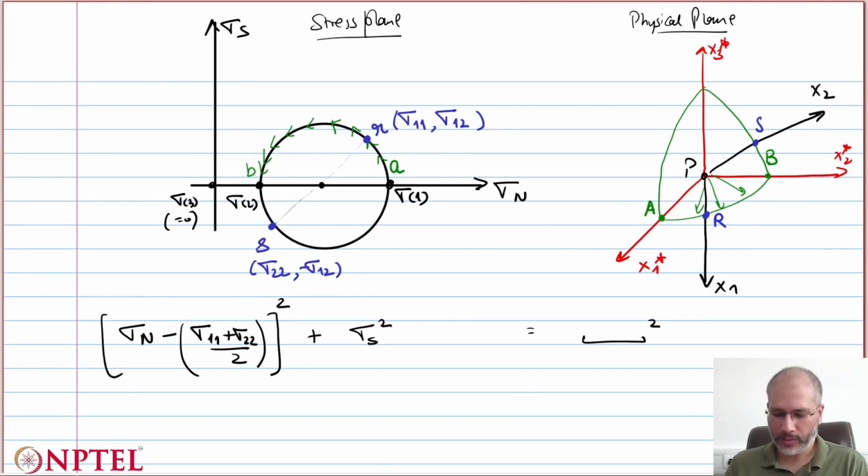And now for the radius, we have the coordinates of points R and S. So using coordinate geometry, I can very easily find the distance between these two and then divide that by 2 to get the radius.